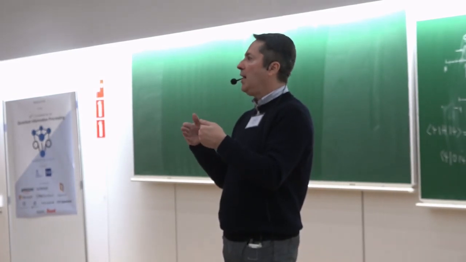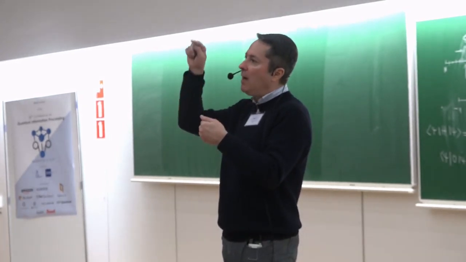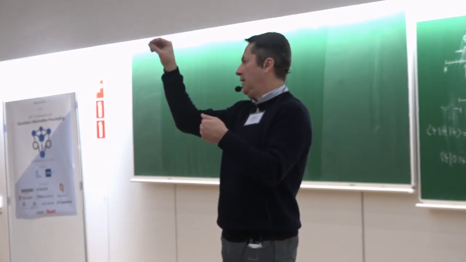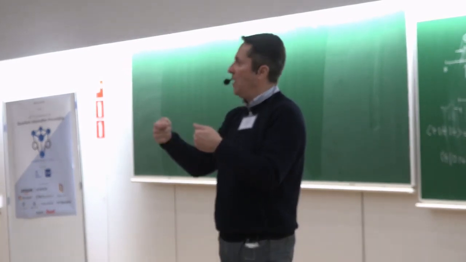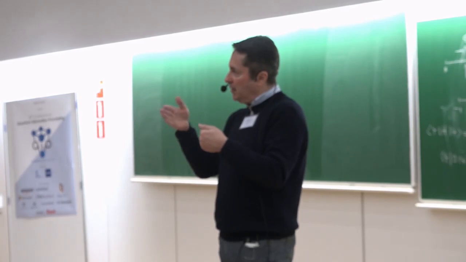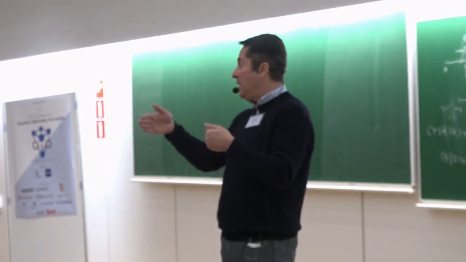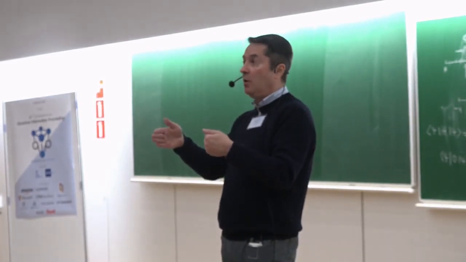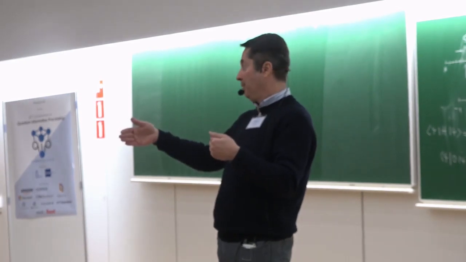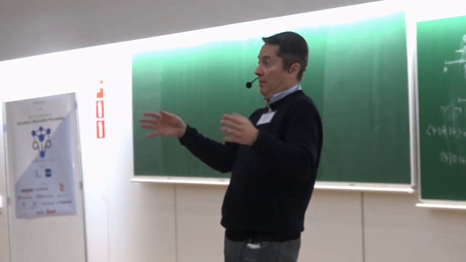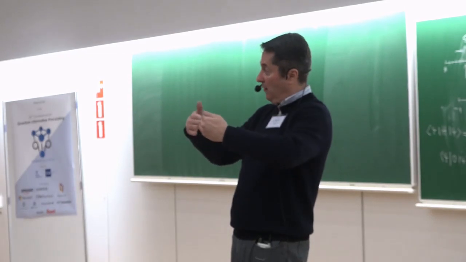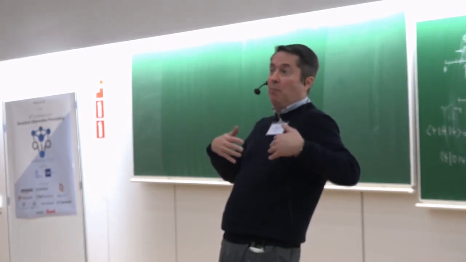If you do a gate which is e to the minus i, some small angle times the generator, you have the same error as for a control NOT gate. So by trotterizing, you're making many, many gates, and therefore the number of errors is exploding. The bigger your system is, the more you have to trotterize, and therefore you propagate these errors.